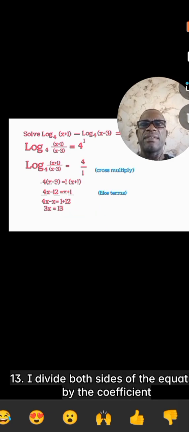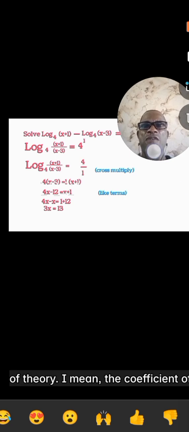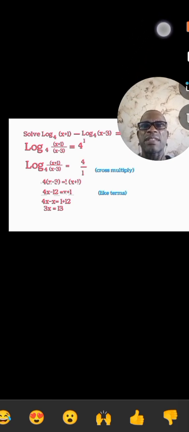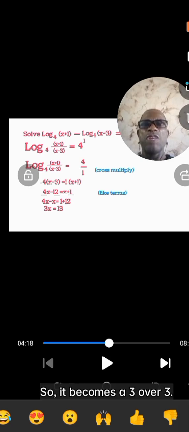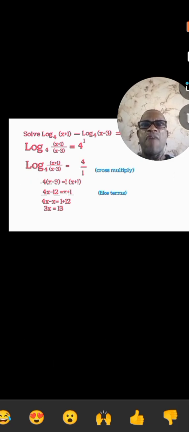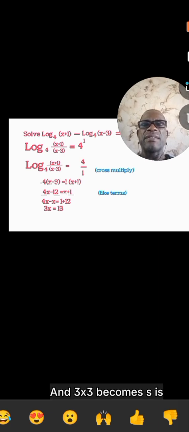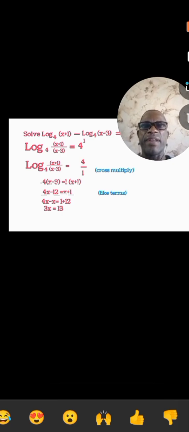I divide both sides of the equation by the coefficient of x, and the coefficient of x there is 3. So it becomes 3x over 3 is equal to 13 over 3, and 3 cancels 3, it becomes x is equal to 13 over 3.